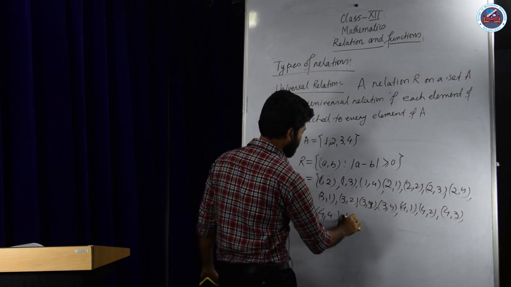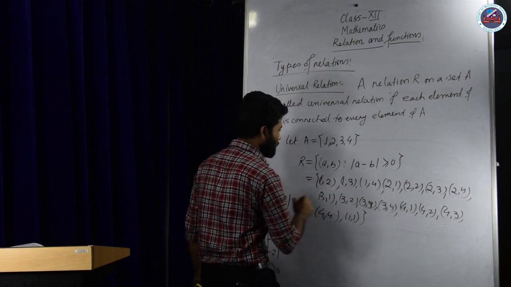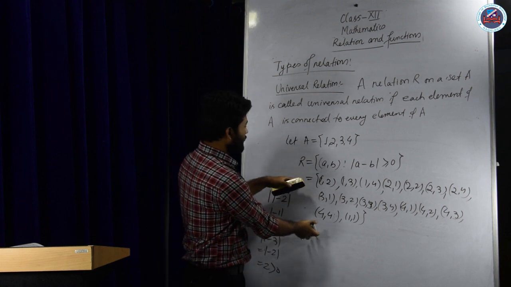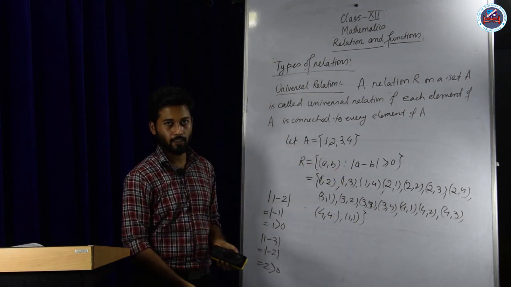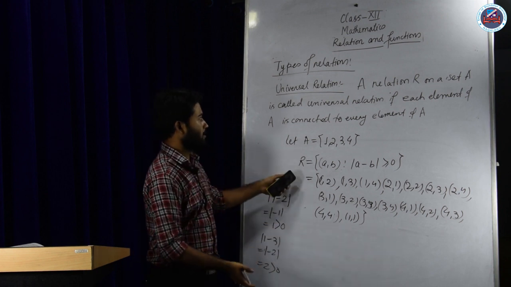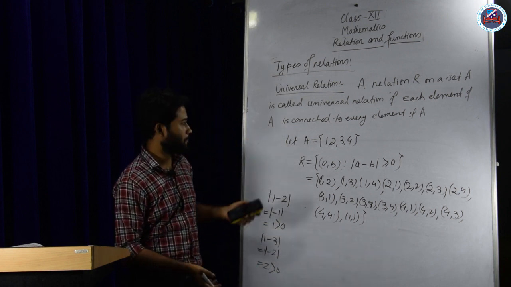Okay, also 1, 1. So here we can see that this relation has considered all the elements of A cross A. So such type of relations are called universal relation.